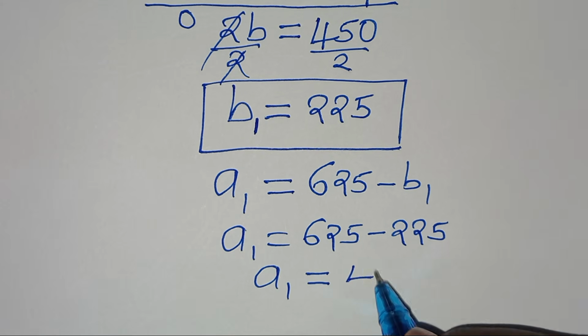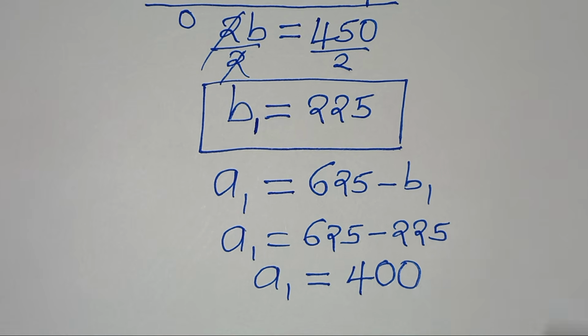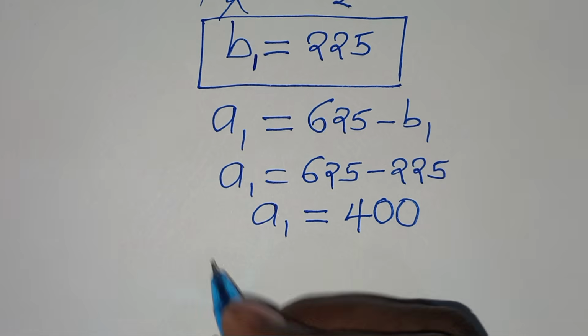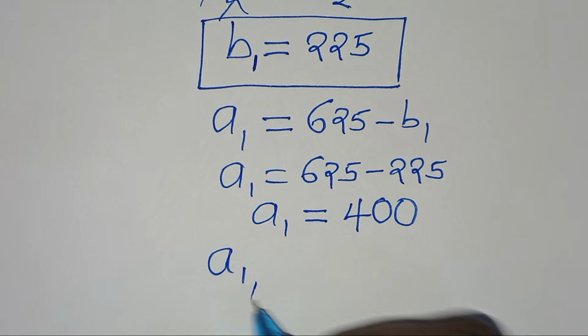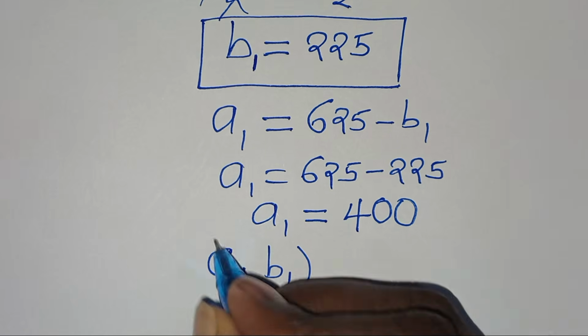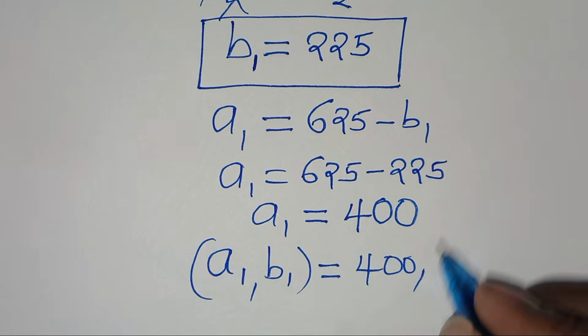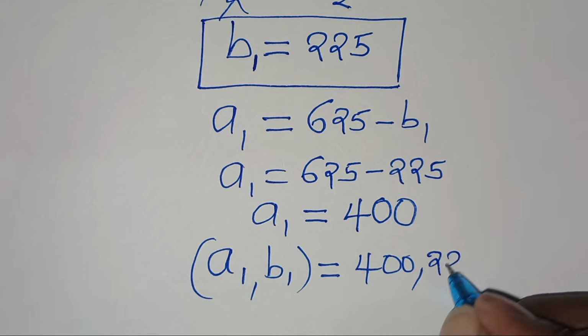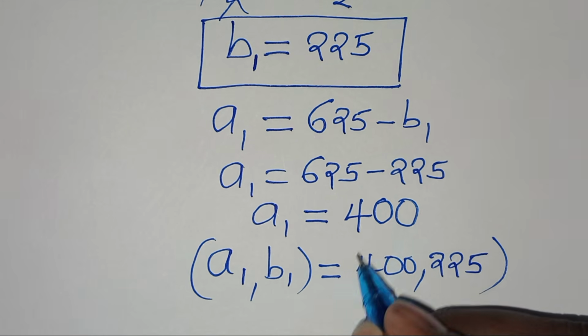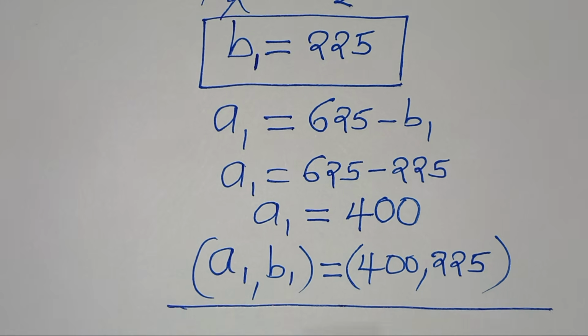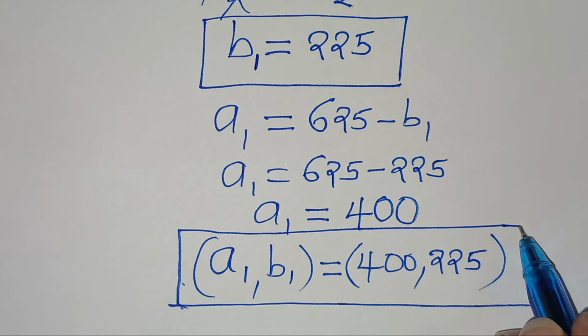This is equal to 400. So we have the first set of solutions, a1 comma b1, equal to 400 comma 225. This is the first set of solutions that we have under case 1.